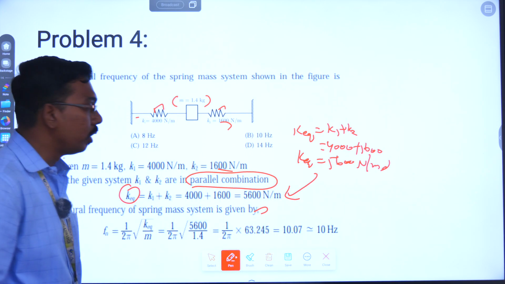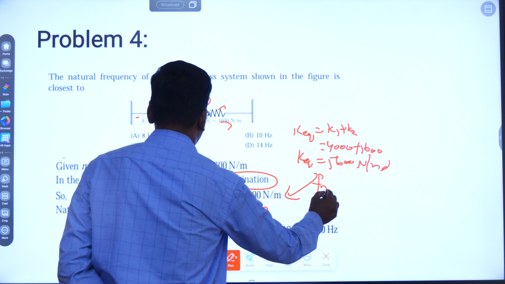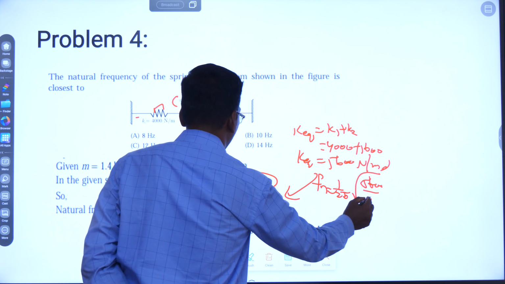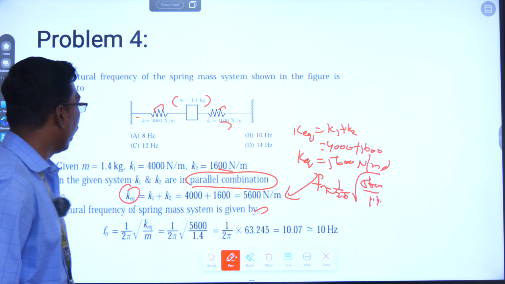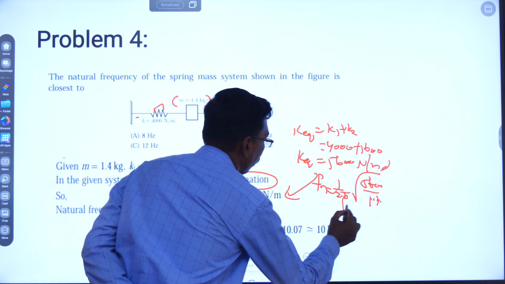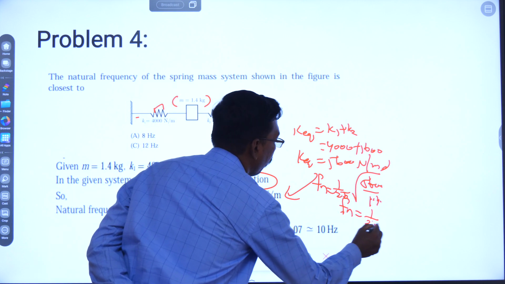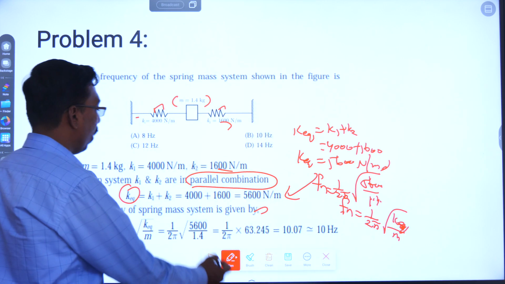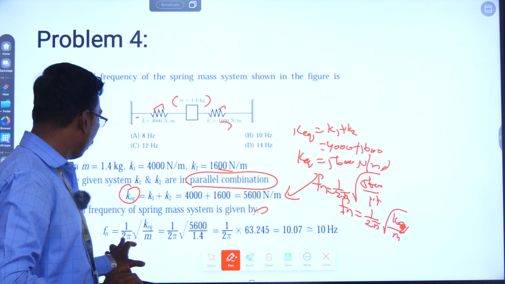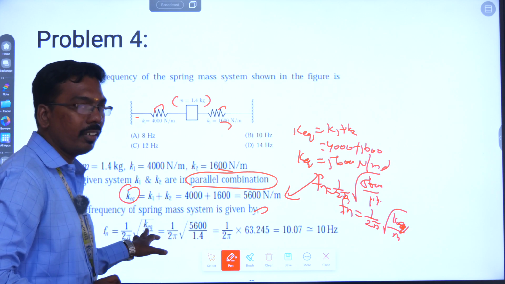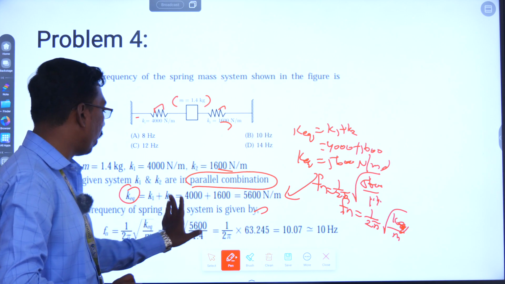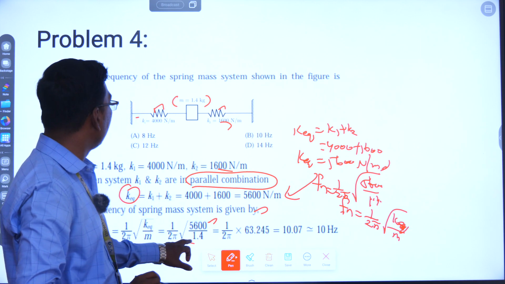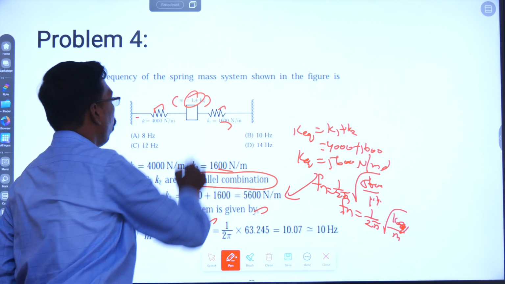Then what is the natural frequency value? F1 is equal to 1 by 2 pi root of K equivalent divided by M, that is 5600 divided by 1.4, which is nothing but M. So the values have to be substituted here. F is equal to 1 by 2 pi square root of 5600 for K equivalent over 1.4, the M value, already given as 1.4 kg.